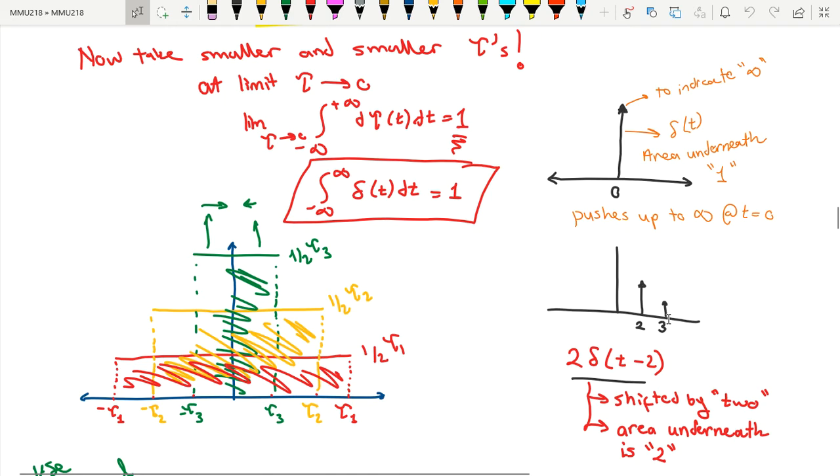And if you want the area underneath that to be 2, then you multiply it by 2, because that factor 2 will come out from the integration as it is, and it will become 2 times 1, and that will be it. So if you put an arrow that is 2 times the unit arrow, that will represent a delta function time shifted by 2, which has a size 2.